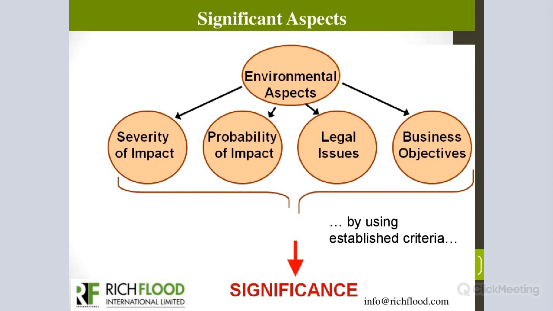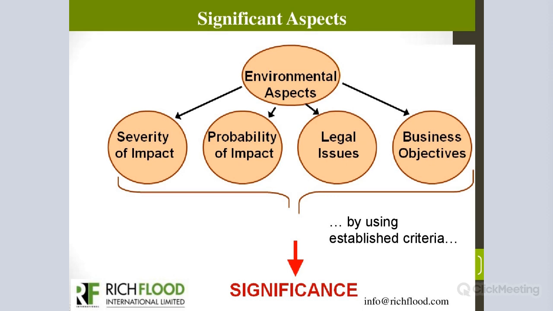And having considered these environmental aspects, how do you quantify the significance of these aspects? What is the severity of the impacts? What is the magnitude of the impact? In order for you to assess the environmental aspects, to know the significance of each of these aspects, you have a four-step approach.